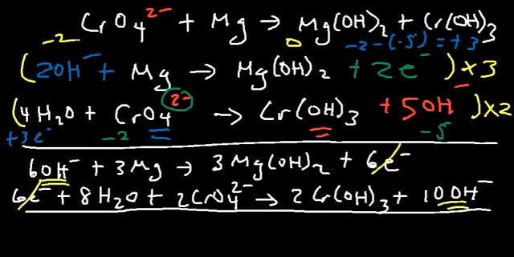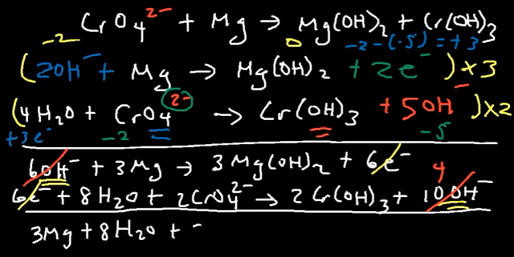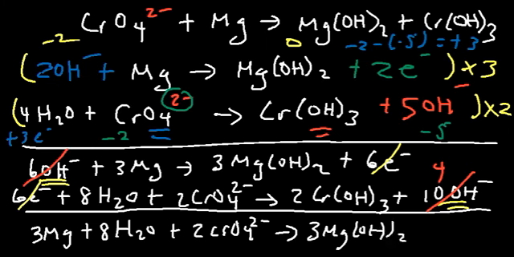So we're going to subtract both sides by 6 hydroxide ions. So that's going to cancel, and this is going to be reduced to 4. So it's going to be 3 Mg plus 8 H2O plus 2 chromate ions, 3 MgOH2, 2 CrOH3, and 4 hydroxide ions.